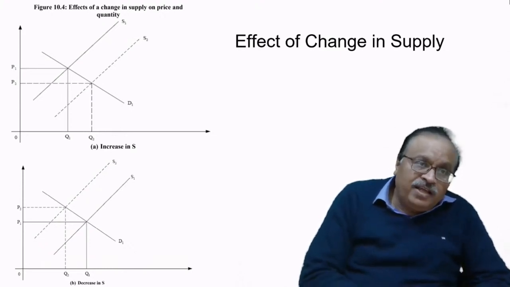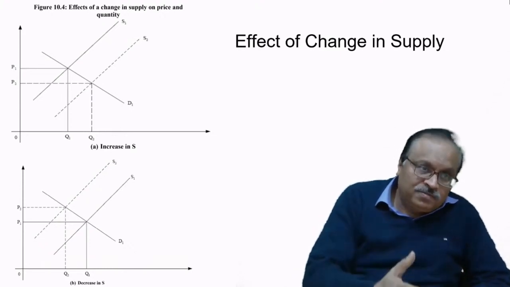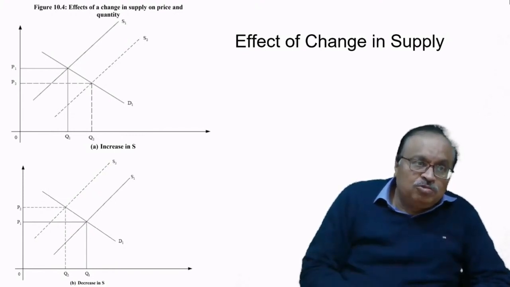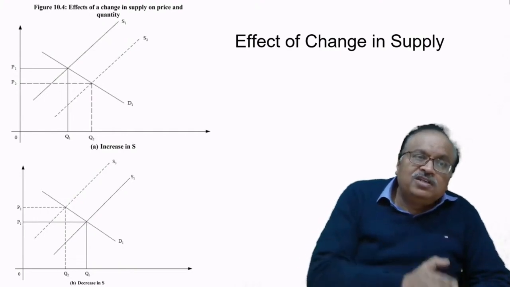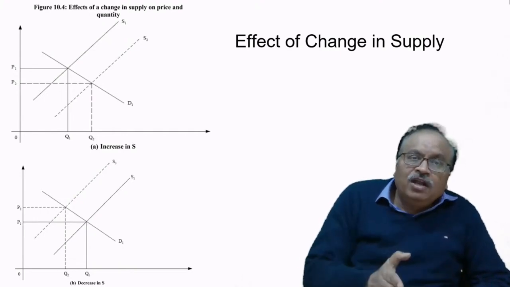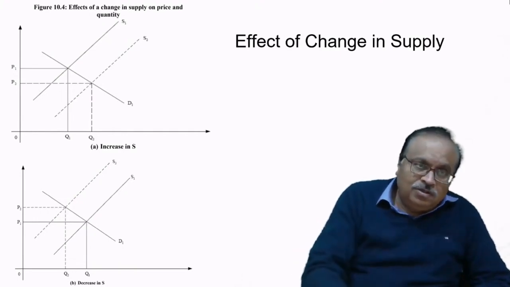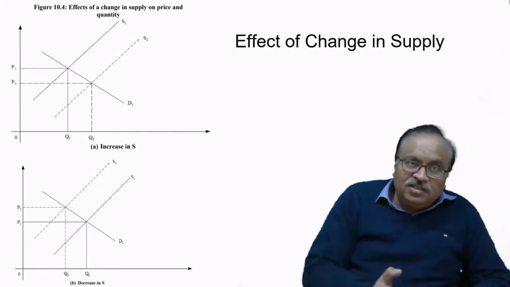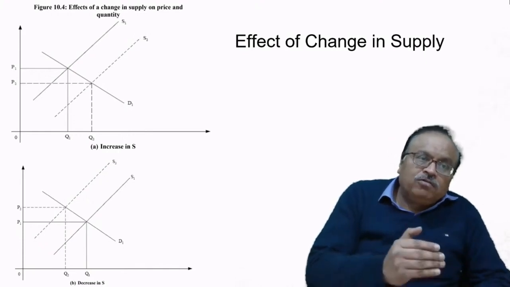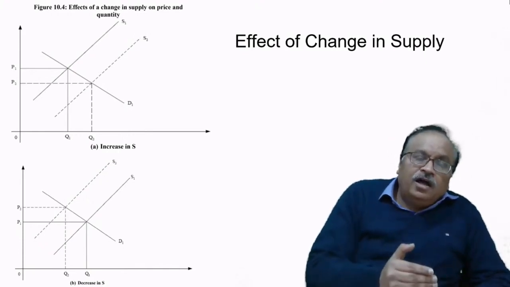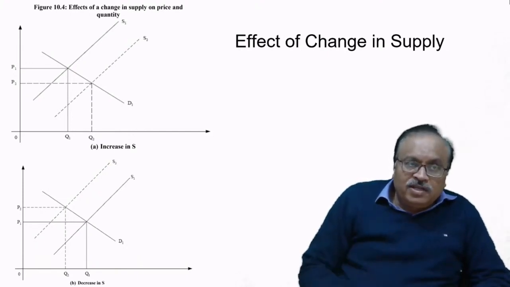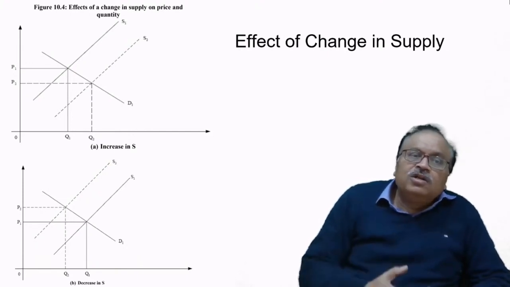On the supply side, say S1, if the supply is increased to S2, because the supply is more, the price will go down. So from price P1 and quantity Q1, the price comes down to the price level of P2, but the quantity sold increases because the supply is on a higher side.